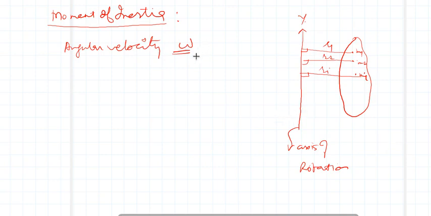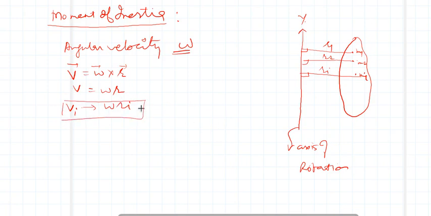Now the velocity can be written, as we know, as v equal to omega cross r. If omega is perpendicular to r, then every particle has velocity v1, ..., vi equal to omega ri. I can say it like this, right?